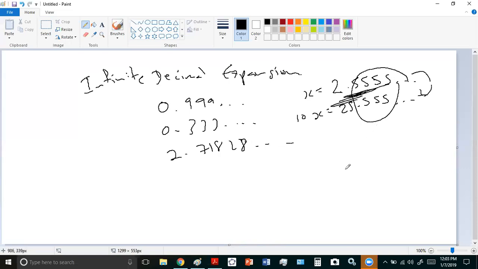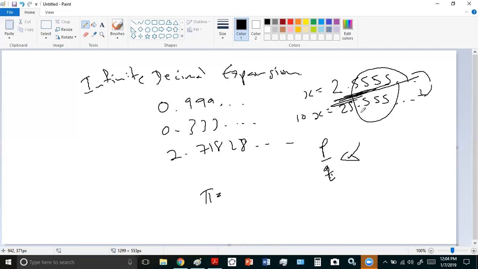So the fact that you get a repeating pattern when you're dealing with a rational number P over Q is a consequence of the fact that it is a rational number. And when you're trying to find an expansion for an incommensurable magnitude like pi, you cannot find a repeating pattern in any radix system.